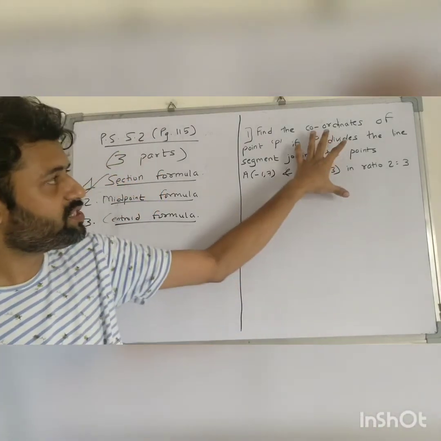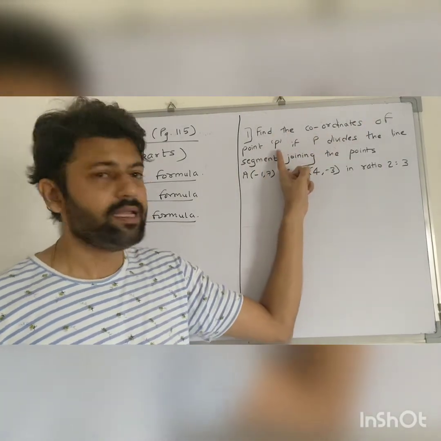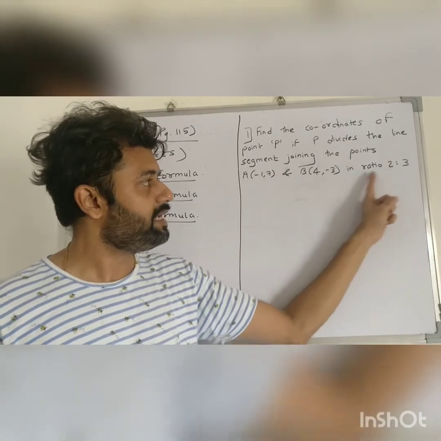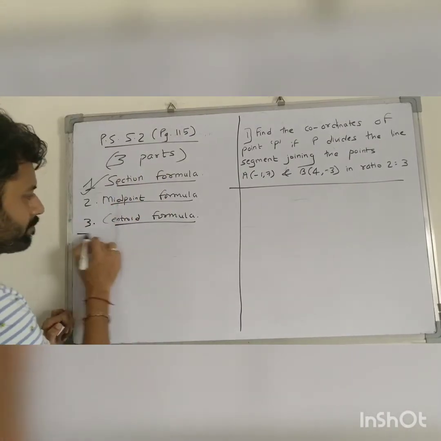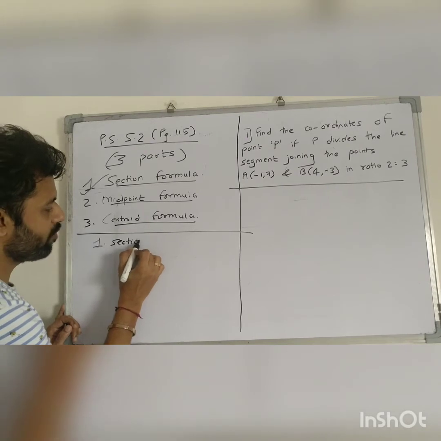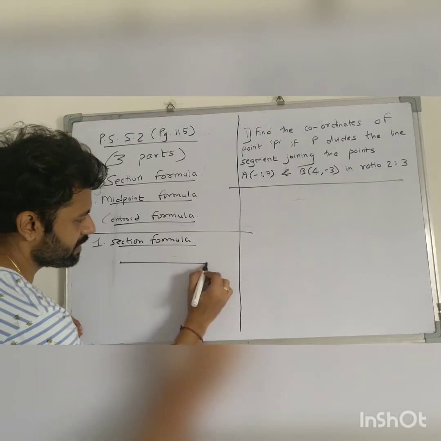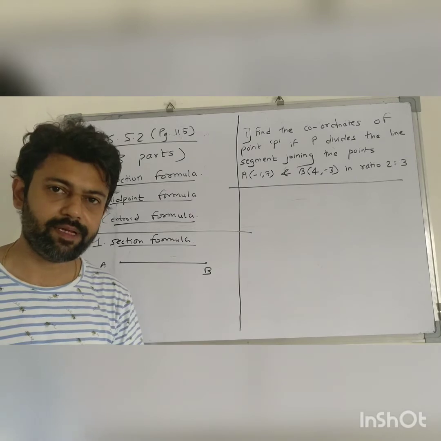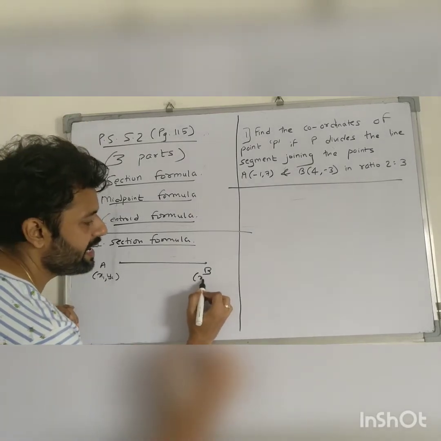Yes, we have a question from the exercise. Find the coordinates of point P. This is capital P. If point P divides the line segment joining the points A and B in the ratio 2:3. Understand the section formula. Suppose A, B are the endpoints of segment AB, whose coordinates are x1, y1 and x2, y2.